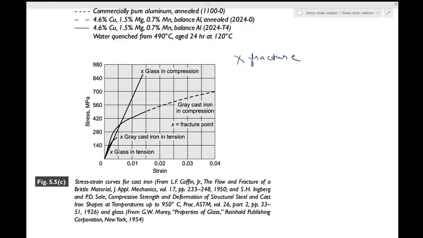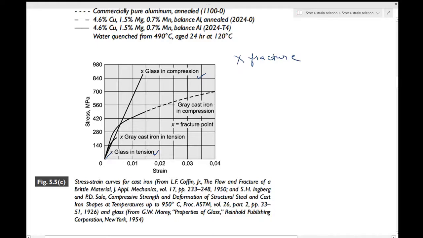So even in tension, you end up somewhere over here and it ends. Okay, so that is how you have seen. Sorry, I think the curve itself is missing, but the point is that it's a straight line curve, both in tension and compression for the glass.